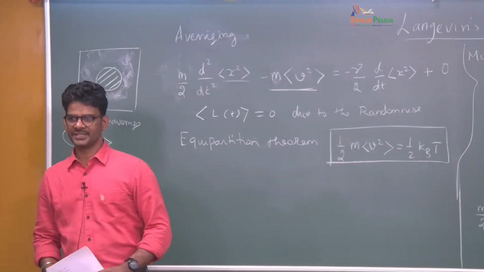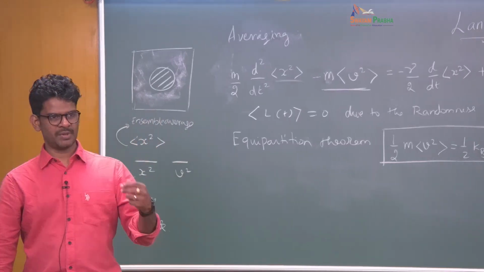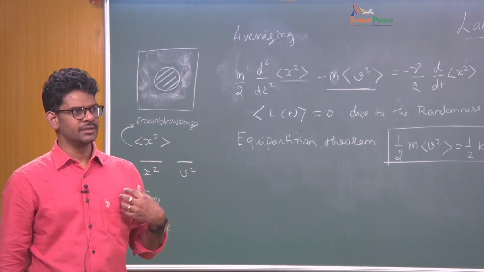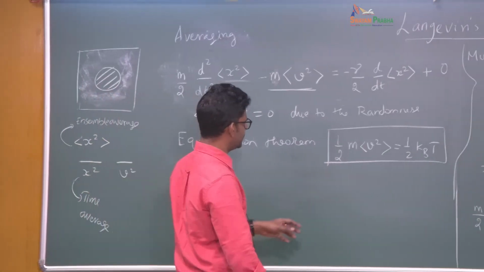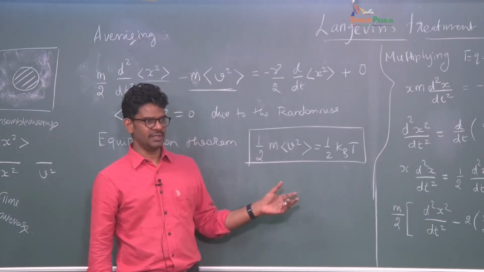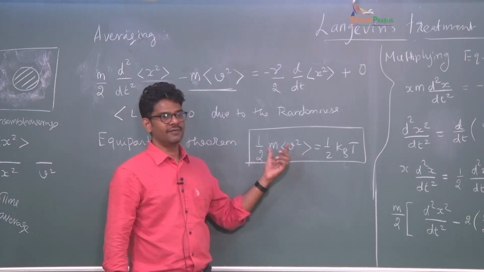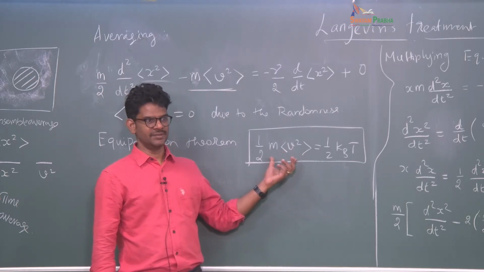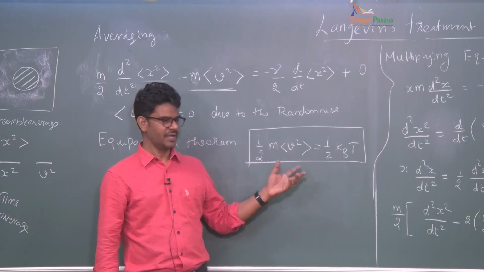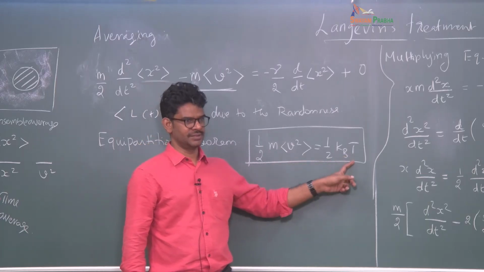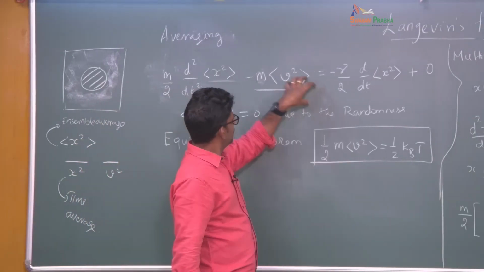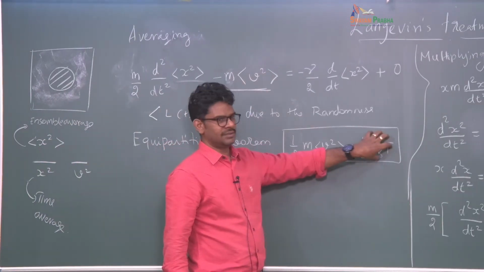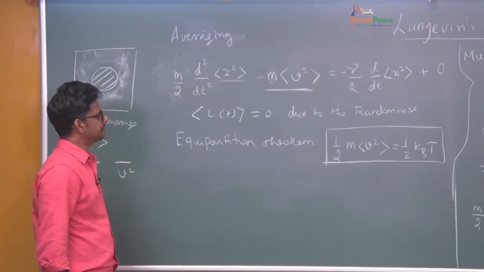This is a generalized result. It is applicable for molecules, particles. It applies to you, to me. It is a generalized approach. But what you will see is that when the object becomes very small, this mean square velocity is significant. This is what we call the thermal velocity, and it depends on the temperature. So now I can replace this term here with half kBT.